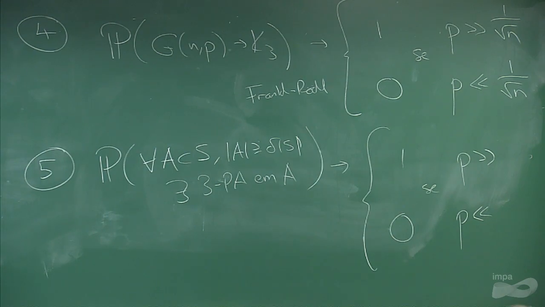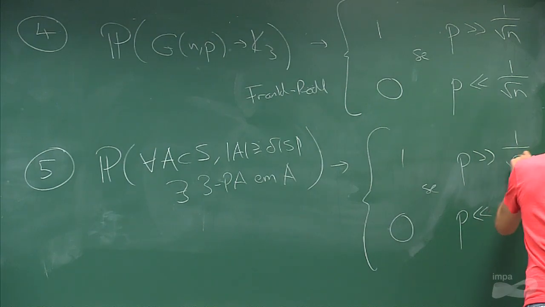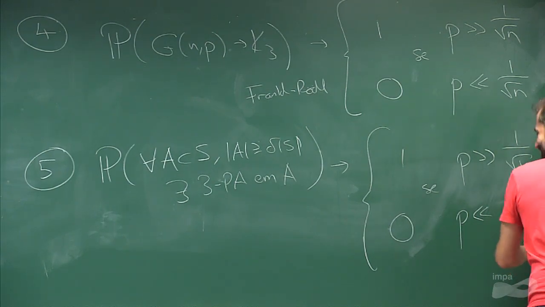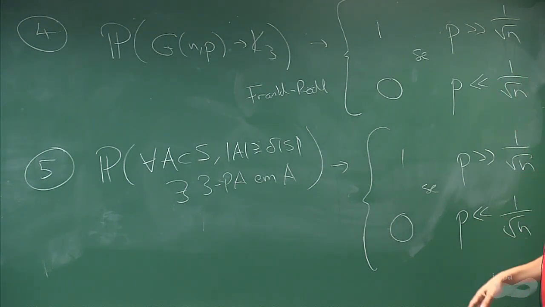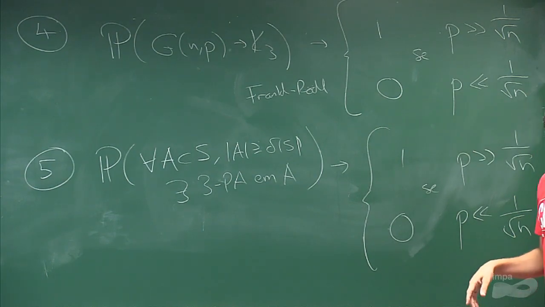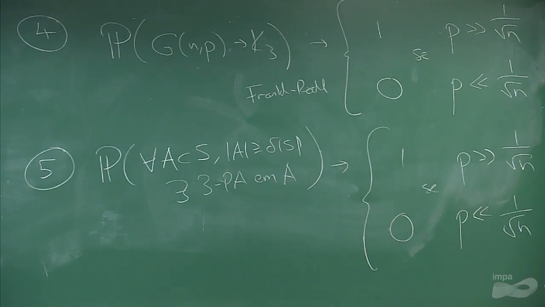Yeah, 1/√n. But why this time? Why is 1/√n the natural guess? So one reason is because it was the guess here. But there's a better explanation. So that's perhaps an intermediately good reason.